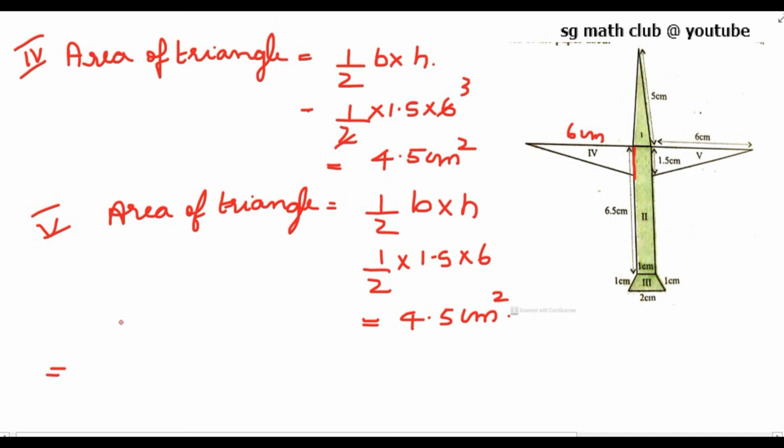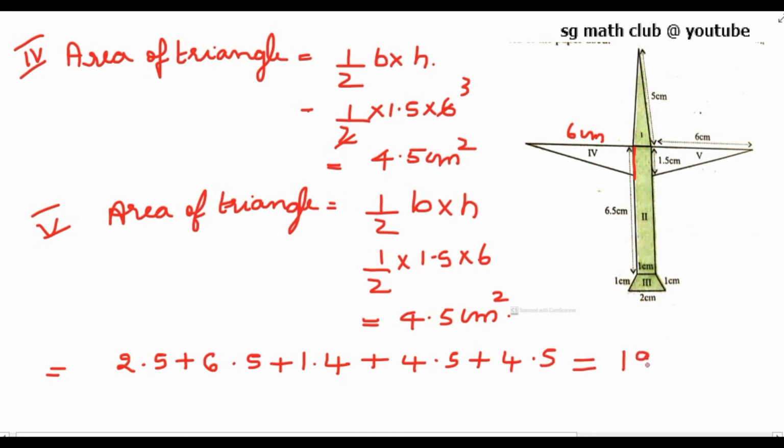Area of the first triangle we got as 2.5, area of the rectangle as 6.5, area of the trapezium as 1.4, and the two triangles 4.5 plus 4.5. So together, the area of the colored paper used to make the aeroplane is 19.4 centimeter square.